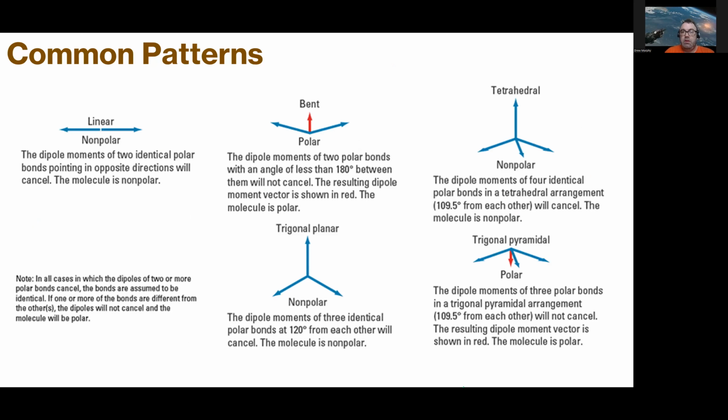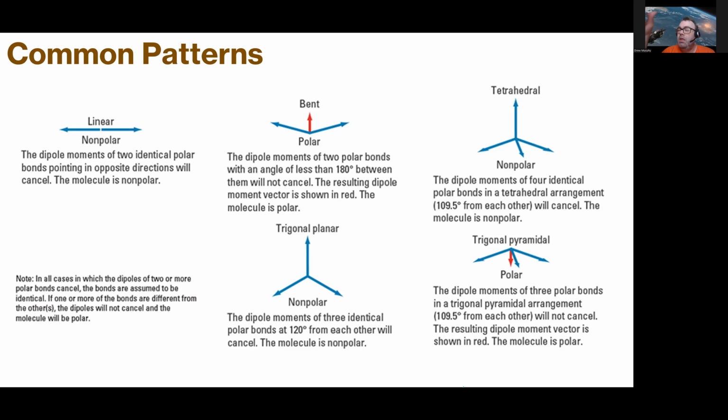Okay. This is a nice little summary chart. It's not perfect because there's no perfect way to do this very generally. But typically, as long as all the atoms around your central atom are the same, these rules hold true. A good rule of thumb is if your central atom has a lone pair, it's most likely going to be a polar molecule, but it might not necessarily be.